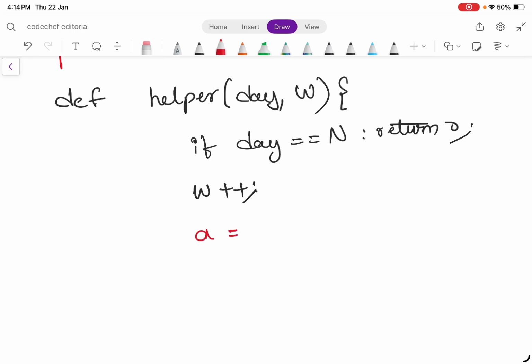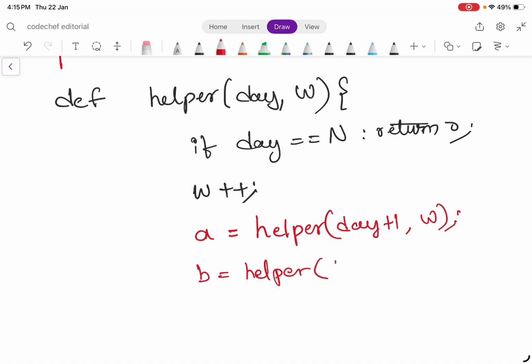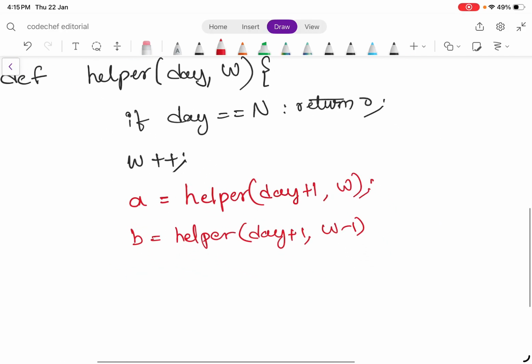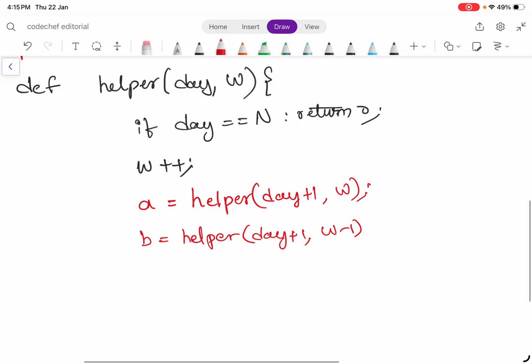First condition is skipping, so A is helper of day plus 1, and watches will be the same. B is selling 1 watch: helper of day plus 1, watches minus 1, and in this transaction we gain the price of 1 watch, so we get price of day.